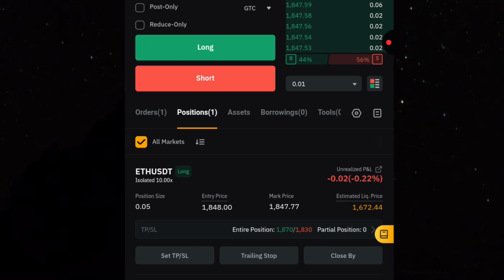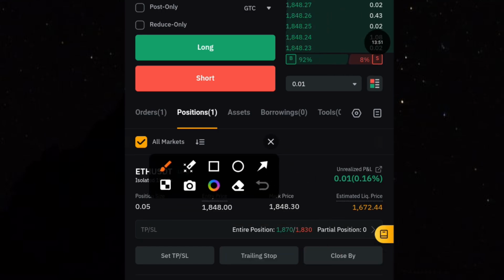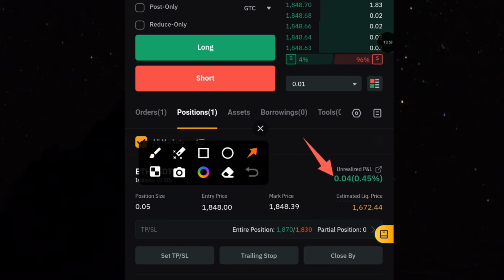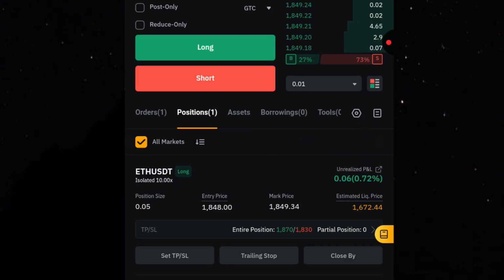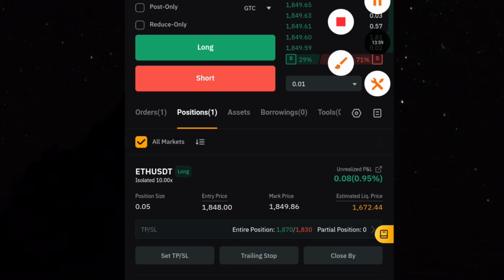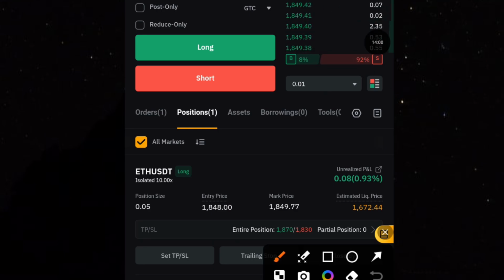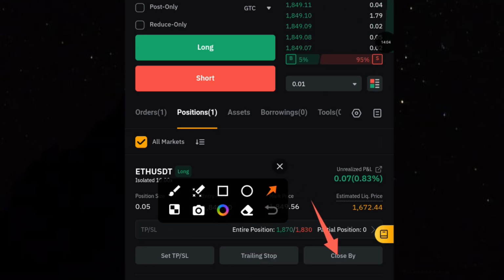Okay, so this is exactly how to do it. So now it has shown some green, and to close the trade, you first of all see that you have made some 0.04 profit and 0.72% profit. So you click on this place where you see close by.